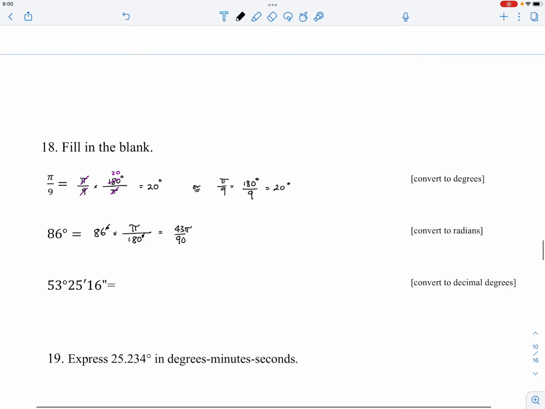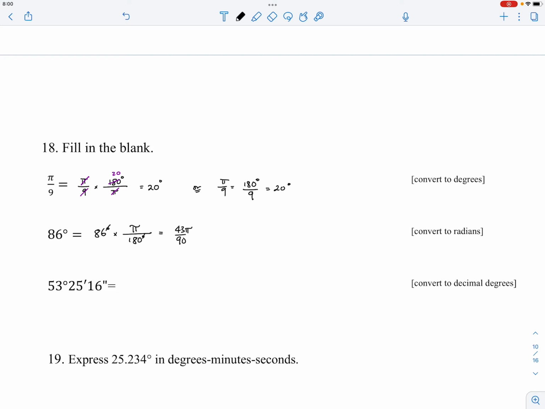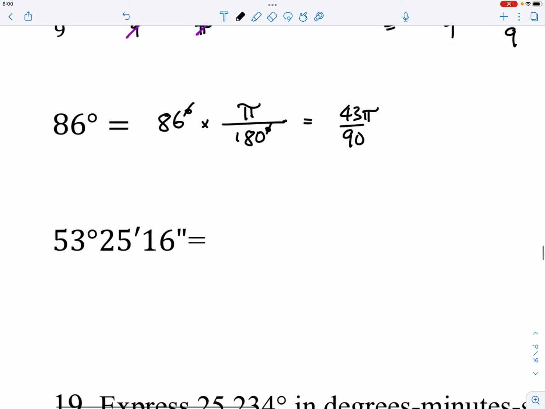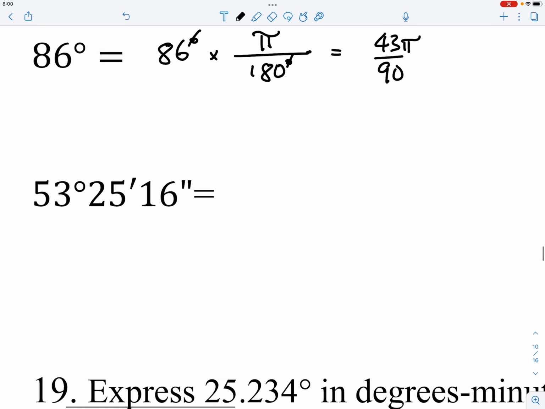And then for the next one, we are trying to change the DMS measure to decimal degrees. All right, so now with the calculator, it's a lot easier. Now, at the very minimum, we should know that we're expecting 53 point something degrees. That is non-negotiable. We have to have some sort of expectation.